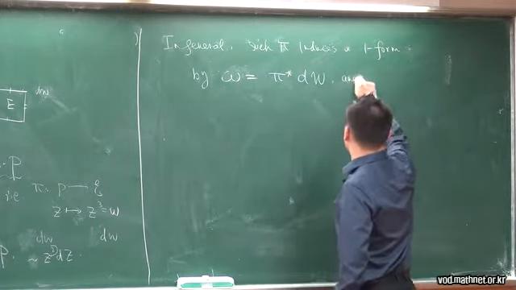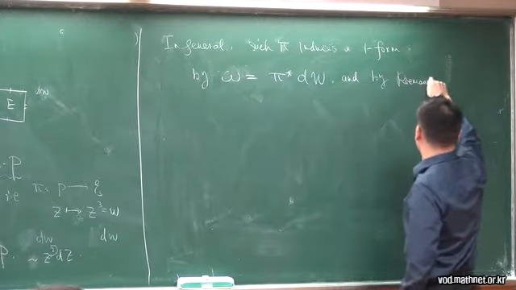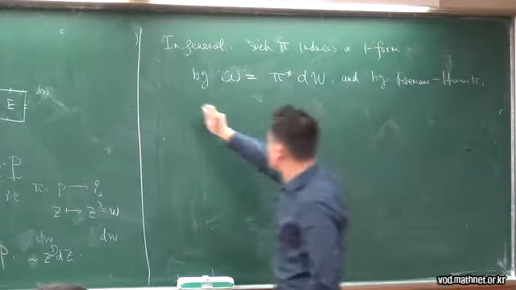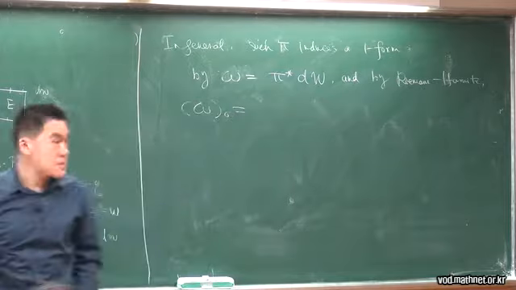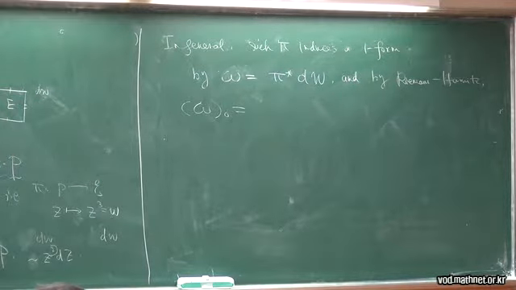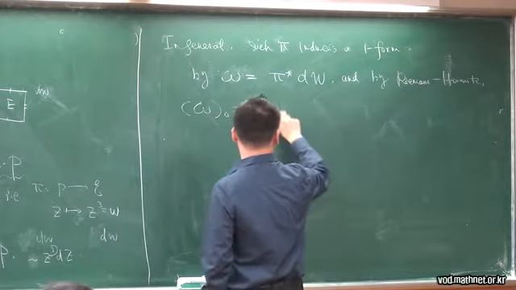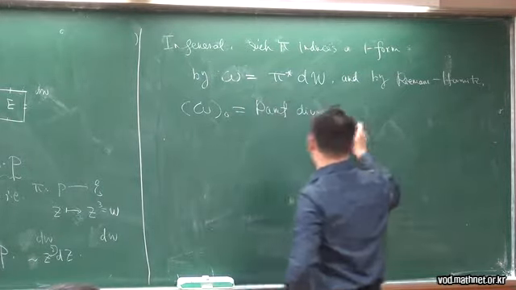And by the Riemann-Hurwitz formula, we know the zero divisor of omega in this case is exactly the ramification divisor of the branch cover pi.